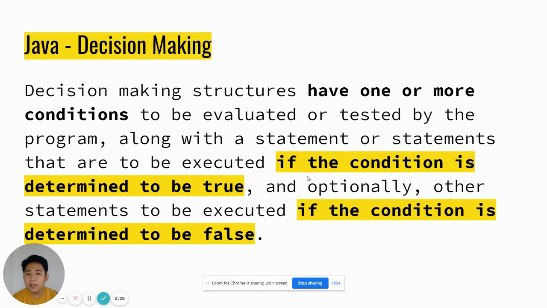Meaning if the condition is true, the statements will be executed, and if the condition is false, optionally you can add another statement to be executed, or you can just not add another statement if it's false. That's why it says optionally.